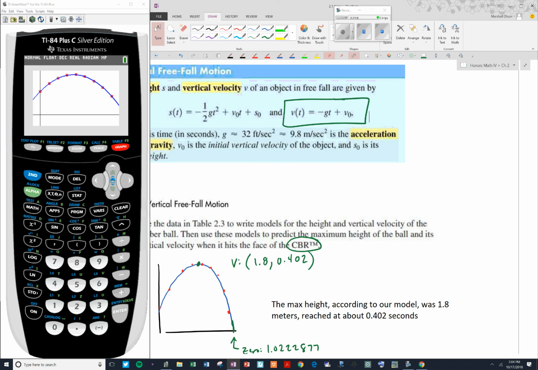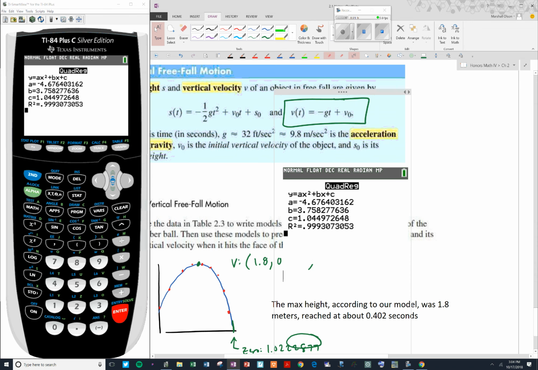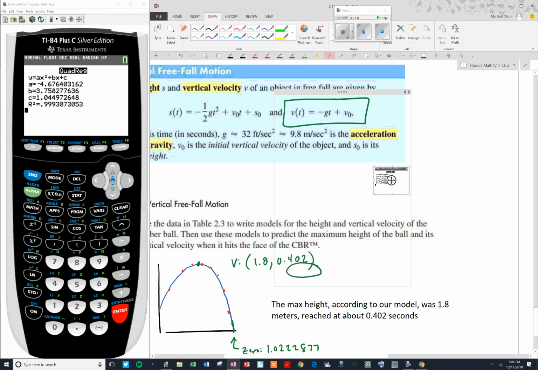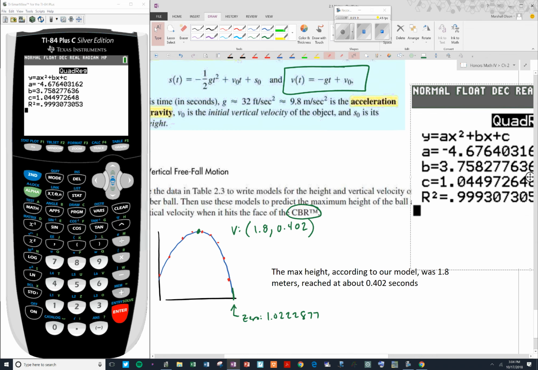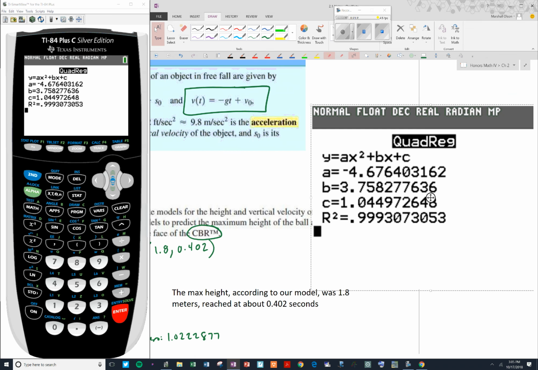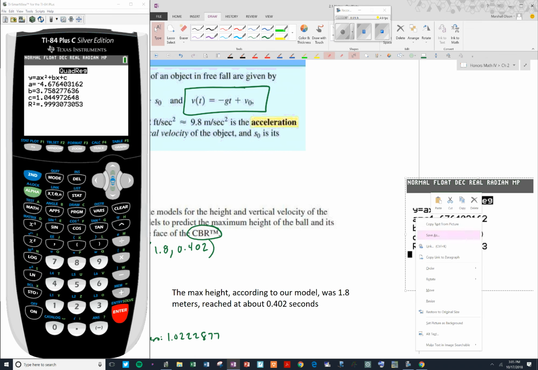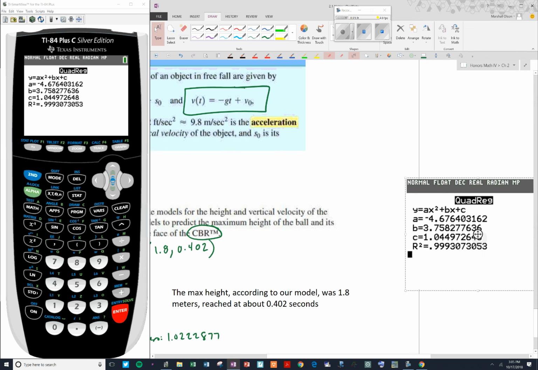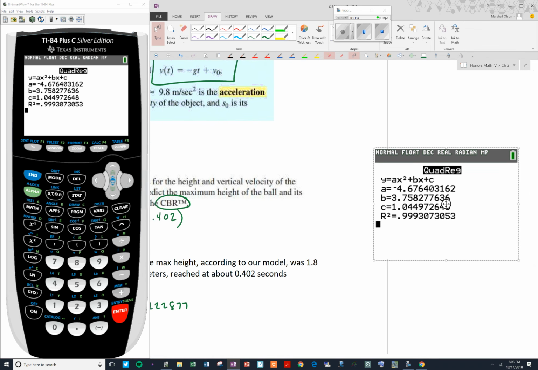The output from our regression, and I know that I have it already on your paper what A, B, and C are, but there's the output from our regression right there. All right, so I'm just going to leave that here so that we can use that.